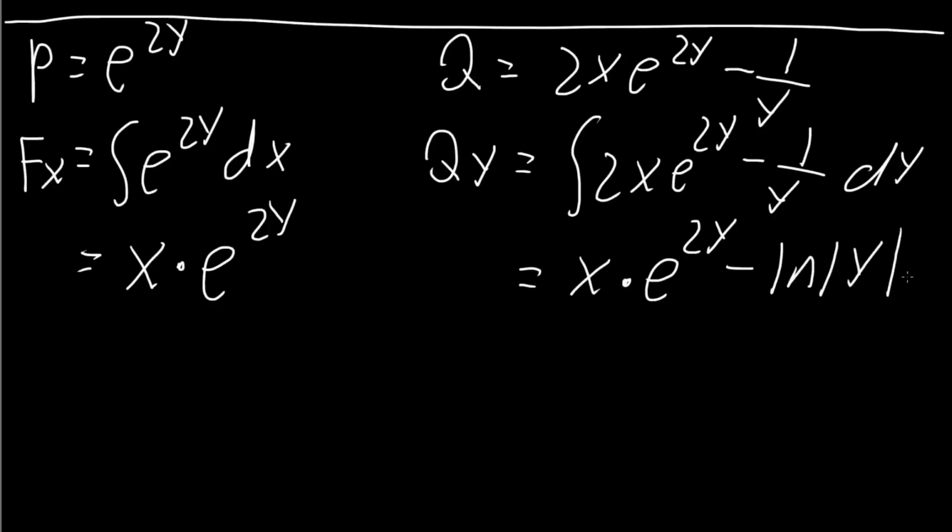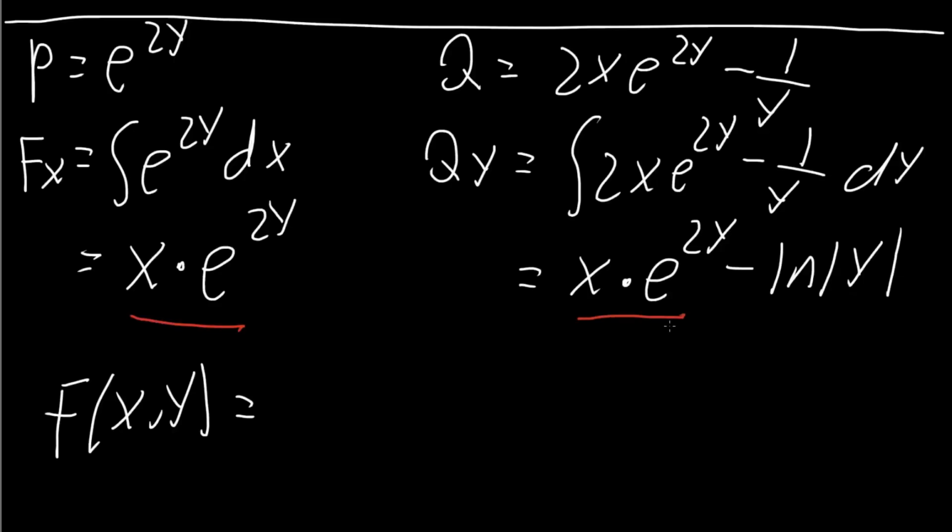And we're at the last step. So we say f of x comma y is equal to, we take the unique terms from both of these equations. So we have here x times e raised to 2y, but we also have x times e raised to 2y here. So we only count it once, and the other unique term we have is minus ln y.